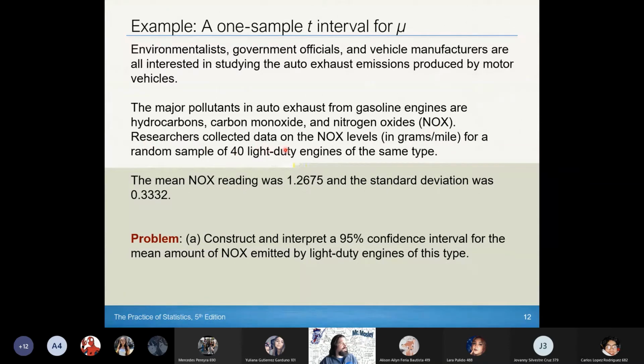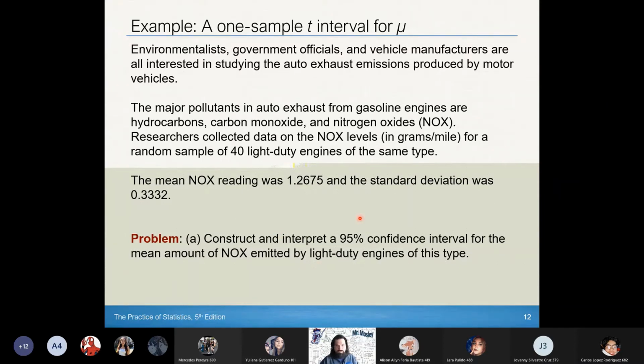Researchers collected data on the NOx levels in grams per mile for a random sample of 40 light-duty engines of the same type. The mean NOx reading was 1.2675 and the standard deviation was 0.3332. We want to construct and interpret a 95% confidence interval for the mean amount of NOx emitted by light-duty engines of this type.